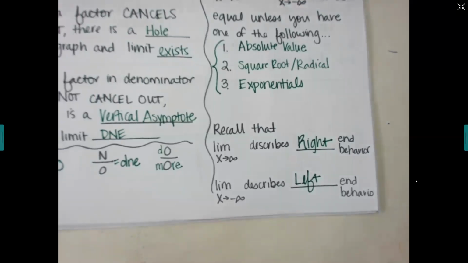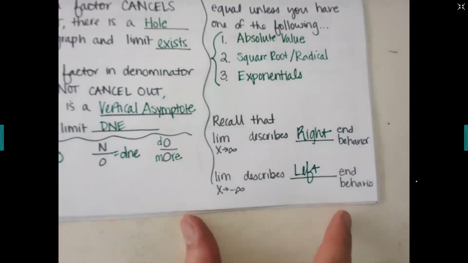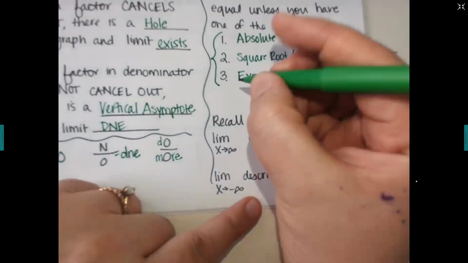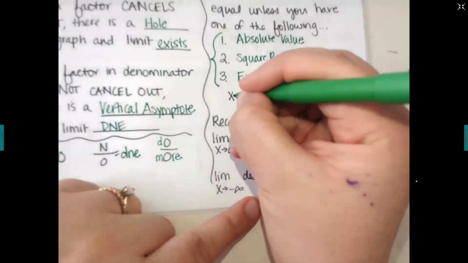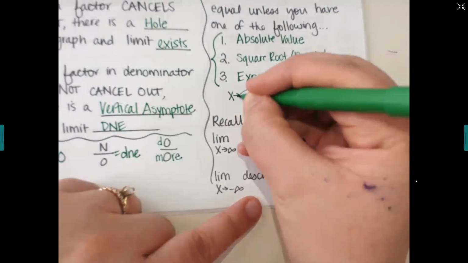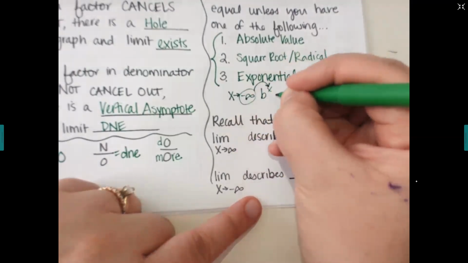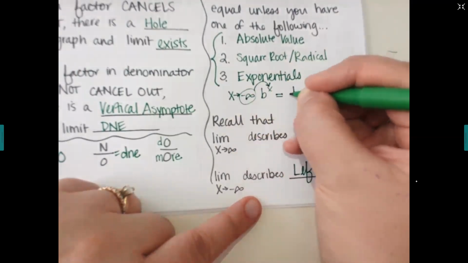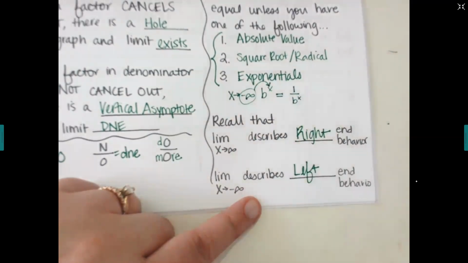Okay, one more thing I'm going to give you on your cheat sheet about exponentials. Mr. Castrejón explains this a little bit differently, but for my kids, we talked about that whenever you have a limit as x goes to negative infinity of b to the x, do you remember that when we plugged that in, we turned that into 1 over b to the x?